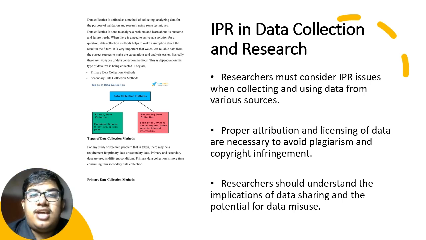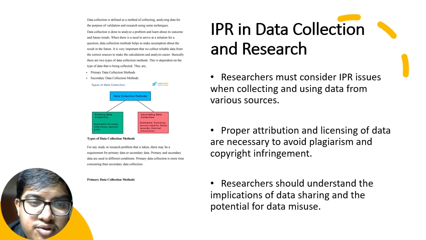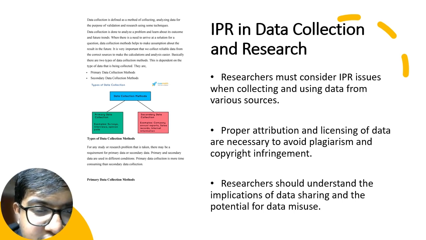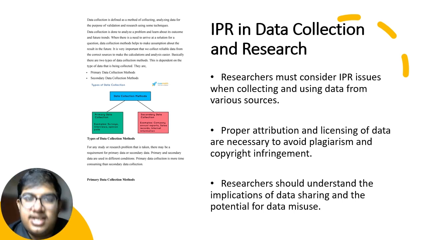That is, they have a claim over it, and you have to be careful that you don't just copy and paste somebody else's work. Why do you even need that? You need to work something ahead. You shouldn't copy and paste it back again. It is no use. Proper attribution and licensing of data are necessary to avoid plagiarism and copyright infringement.